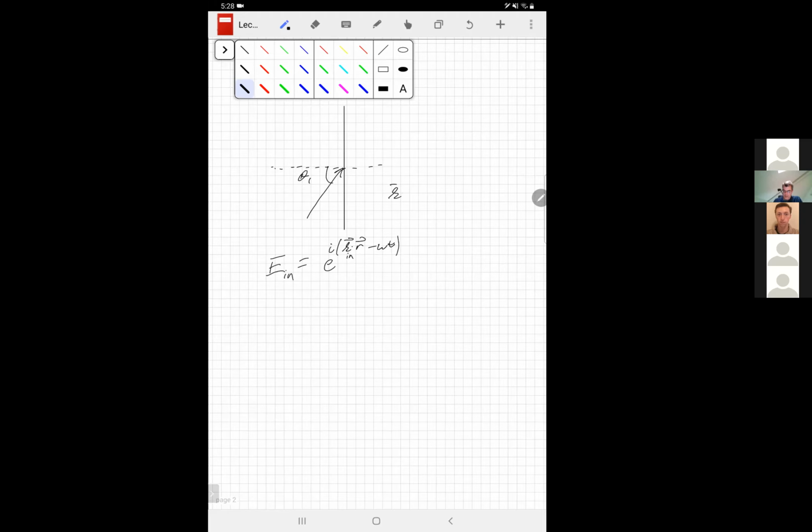The components of k_in, in medium n1, it'll be n k naught, that's the length of the vector, times cosine of θ1 x hat plus sine of θ1 y hat. So I can write this as e to the i n k naught cos θ1 x plus n k naught sine θ1 y minus omega t.